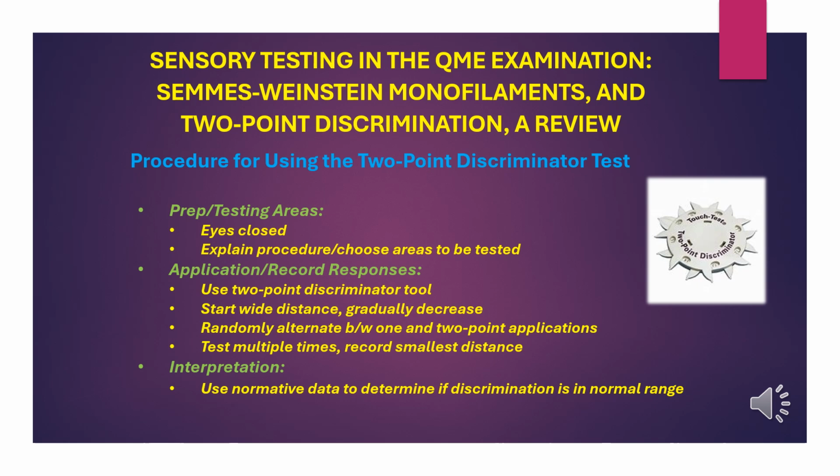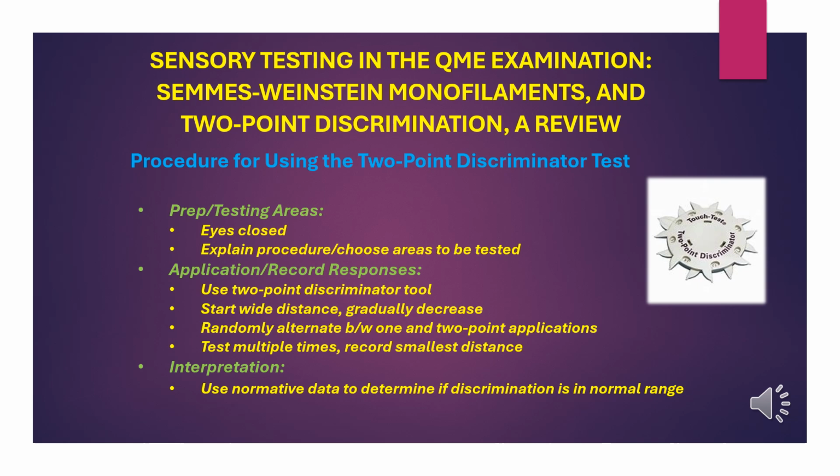Now, the method for testing is that you would randomly alternate between 1 point and 2 point applications to prevent the patient from guessing. Then you test each area multiple times to ensure the consistency and the accuracy of the responses.